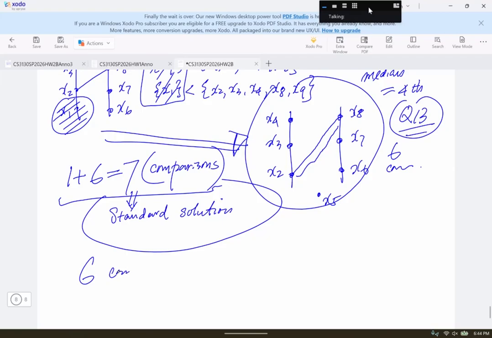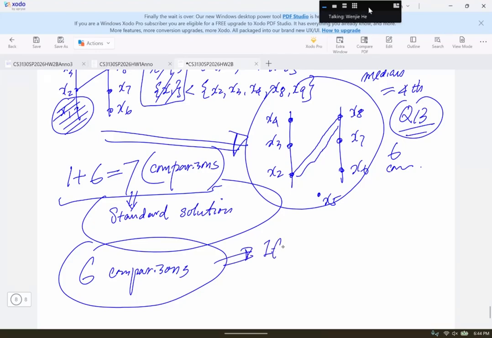A 6 comparison solution is better than the standard solution. Then I need to carefully check your logic and reasoning in your solution. If it's correct, because you beat the standard solution, you get 2 bonus points, in addition to full credit.